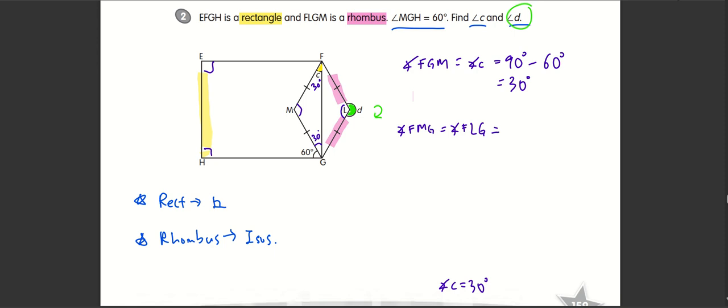So with that, you can use the isosceles triangle, sum of angles in a triangle property. 180 degrees minus 30 degrees minus 30 degrees. Then you can find the angle there.